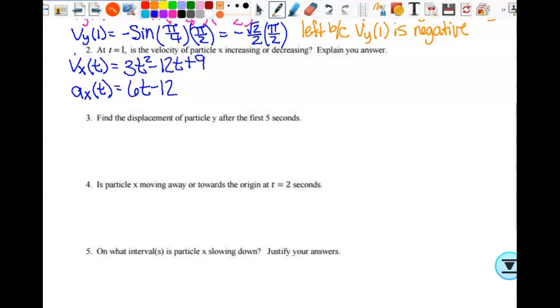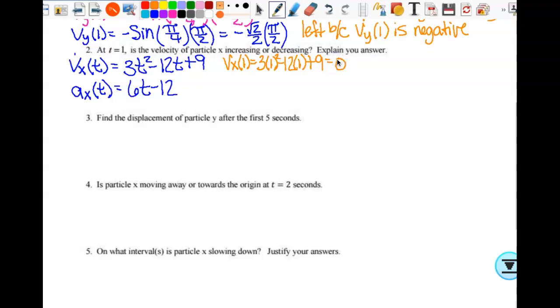Everybody good with that? All right, so then I'm going to find v sub x of 1, which would be 3 times 1 squared minus 12 times 1 plus 9. Let's see, that's going to give me what? 3 minus 12 plus 9, is that 0? Yes.